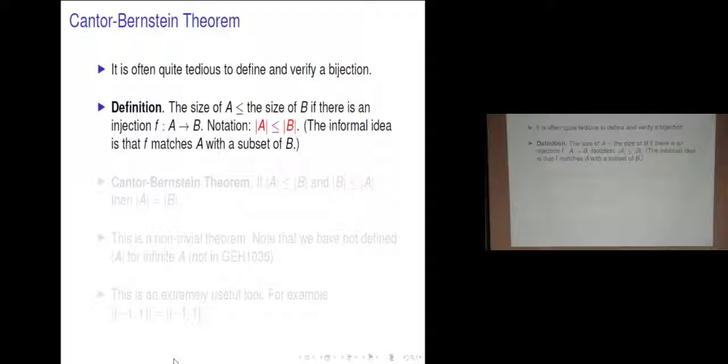So the intuition is f will match A with a subset of B because it could miss some points in B. So this is the meaning of the size of A being less than or equal to the size of B, or the cardinality of A is less than or equal to the cardinality of B.